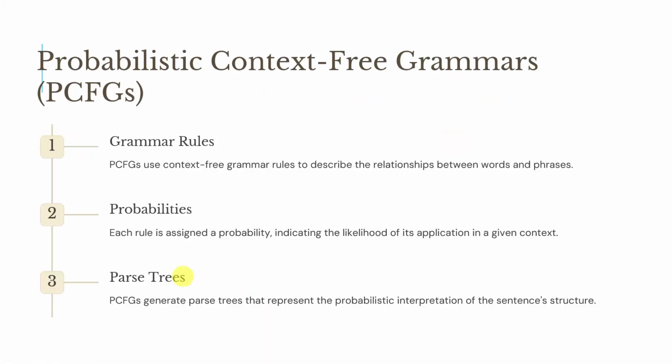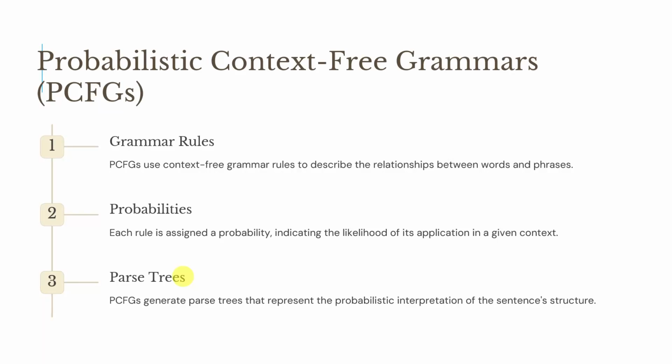We discussed that in statistical models we use a probabilistic method for the context-free grammar. Context-free grammar is helpful to identify the grammatical structure for the given sentences, and on top of that, to describe the relationship between the words and phrases, we calculate the probability.